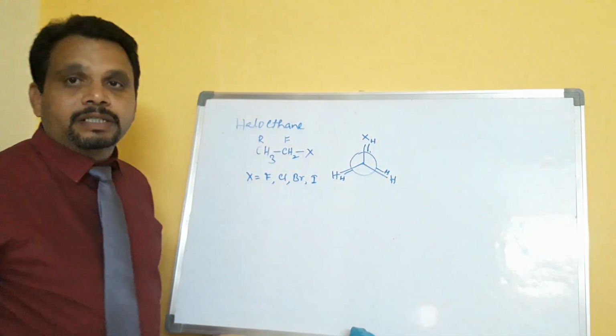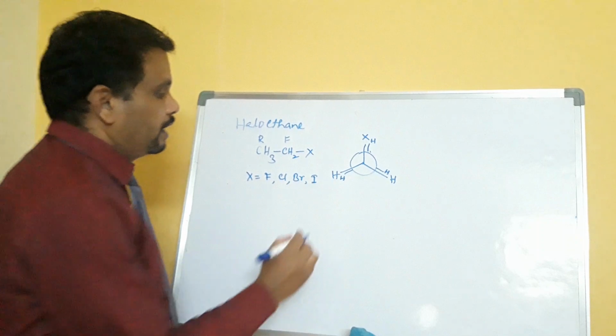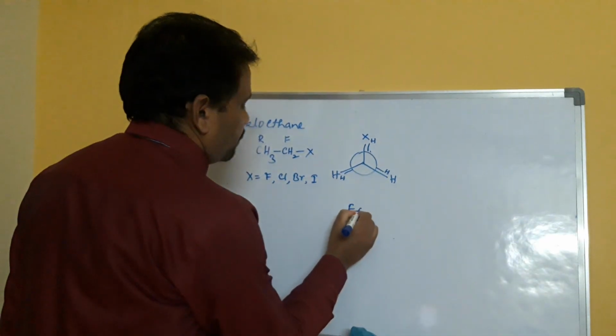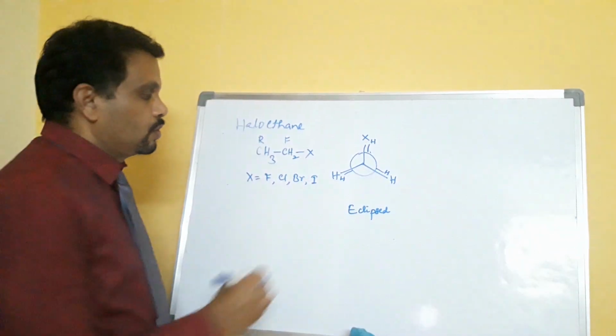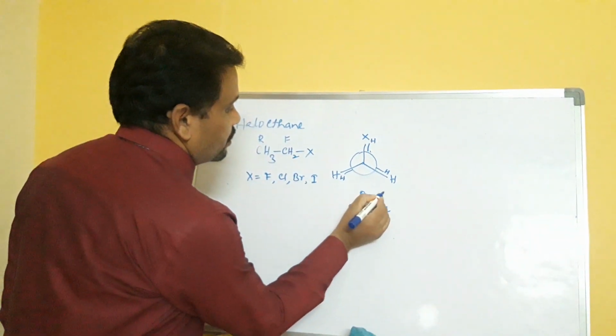Suppose you first take 0 degree dihedral angle, it is the fully eclipsed conformer. The dihedral angle in this case is 0 degrees.